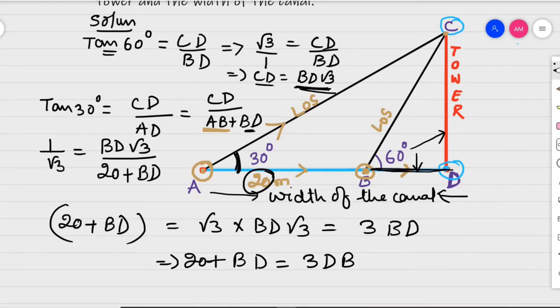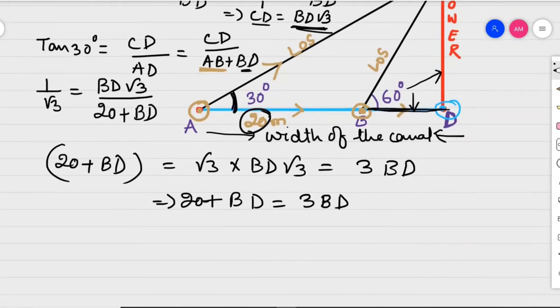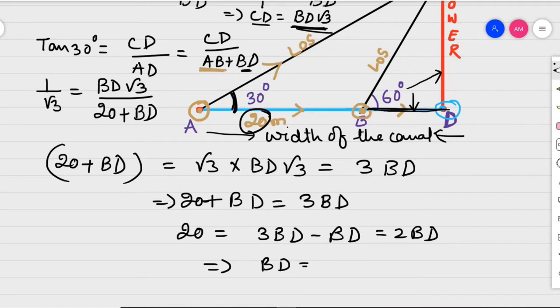Let me write BD, otherwise you will get confused. Now see, 20 will be equal to 3 BD minus BD. So this will become 2 BD. So from here, you can say that BD is equal to 20 by 2, that is equal to 10. So 10 meters, isn't it?